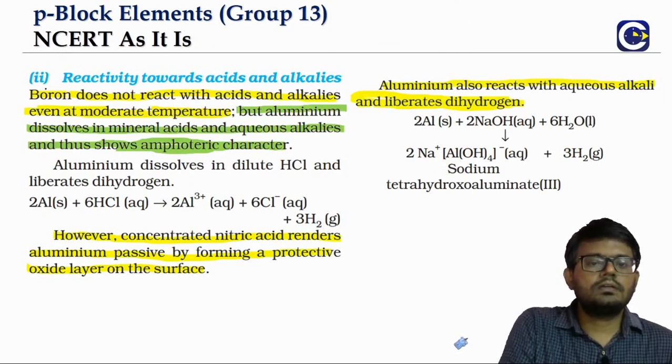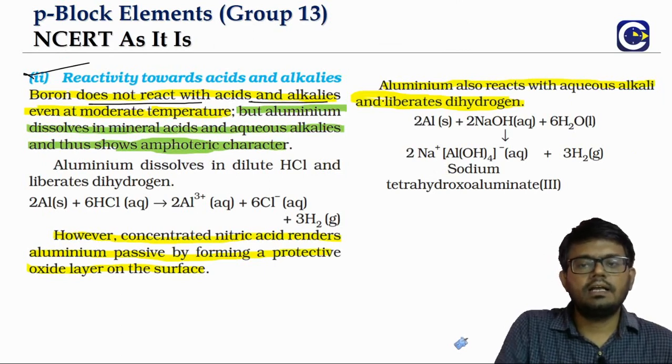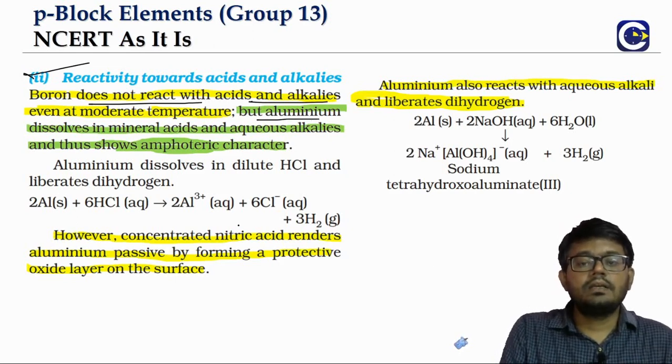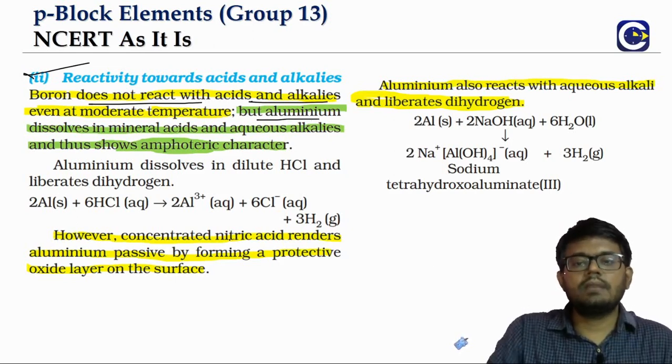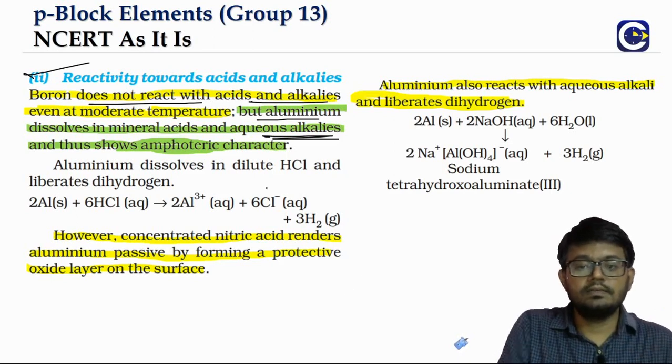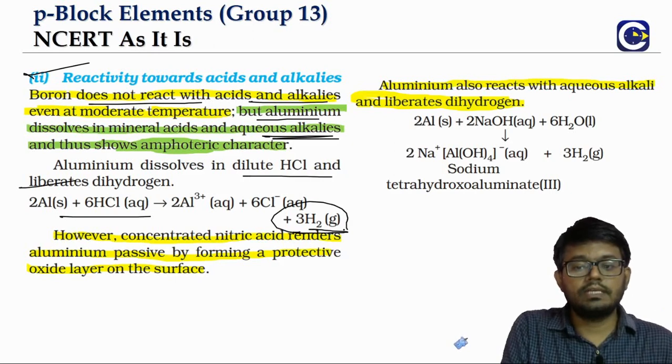Boron will not react with acids or alkalis at moderate temperatures, whereas aluminum will dissolve in mineral acid as well as in aqueous alkali. When aluminum is dissolved in a mineral acid, for example dilute HCl, it liberates hydrogen gas.